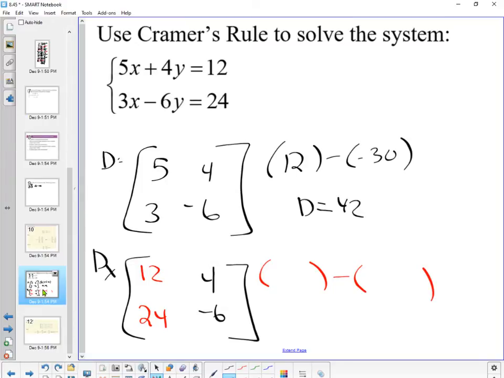Oh, thank you. 4 times 24 is 96. And 12 times negative 6 is negative 72... or negative 54? 12 times 6, that's 60 plus 12 is 72.